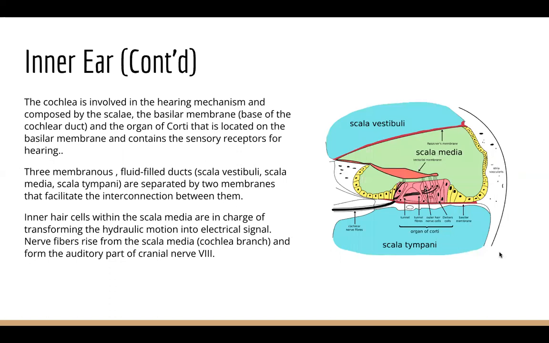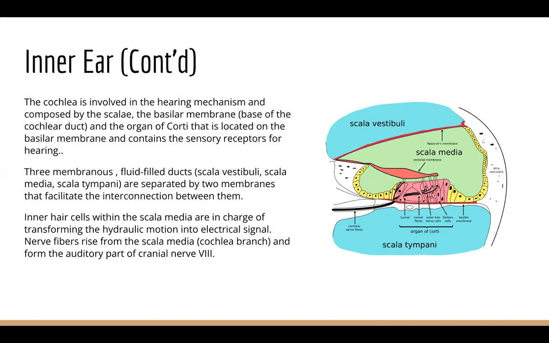The cochlea is involved in the hearing mechanism and composed of the scala, the basilar membrane, that is the base of the cochlear duct, and the organ of Corti that is located on the basilar membrane and contains the sensory receptor for hearing.